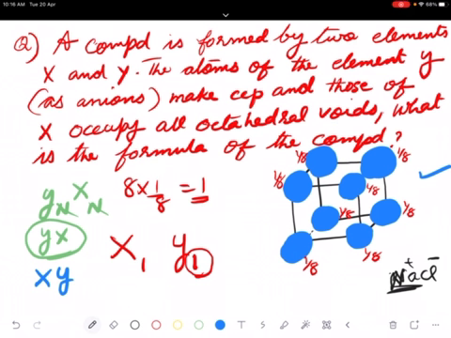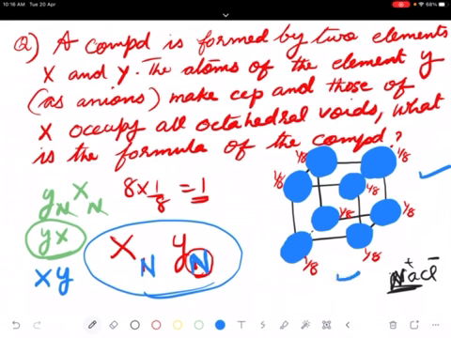If Y is equal to N, N atoms of Y, then there will be N atoms of X. So here I have taken the entire crystal lattice, and here I have taken the unit cell. The properties of the unit cell are the same as those of the entire crystal lattice. If there are N Y atoms, there will be N X atoms. So, X N Y N. This N will get cancelled, so the formula will be XY. Next question.